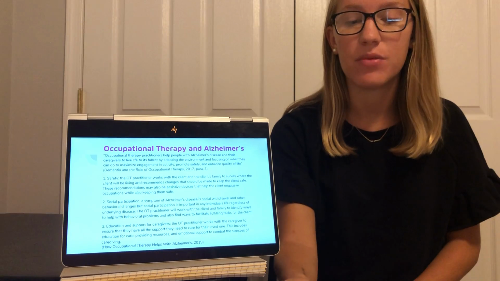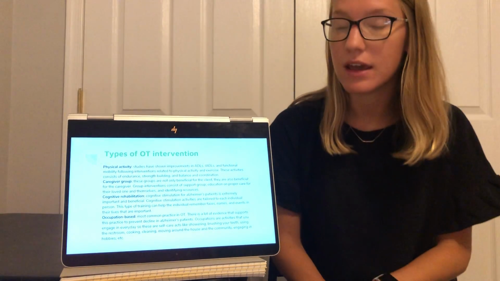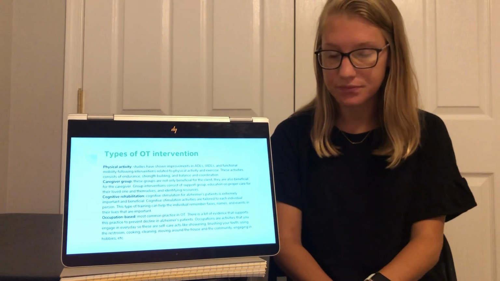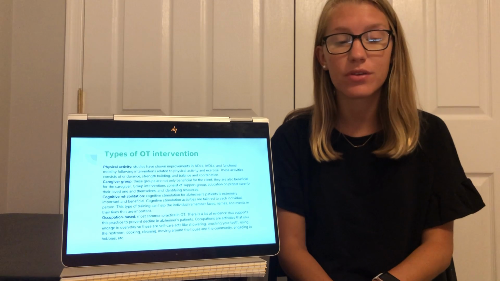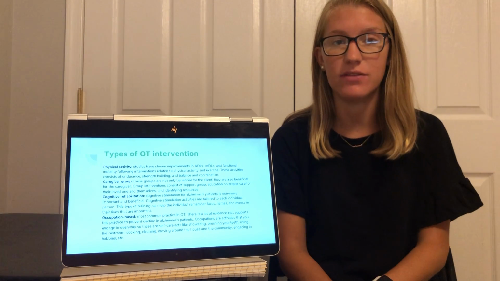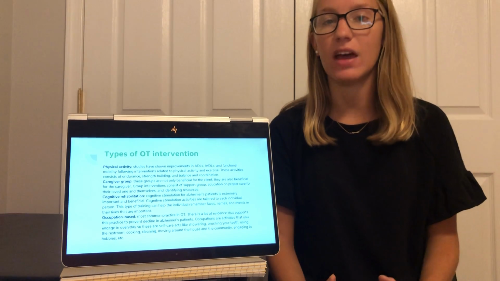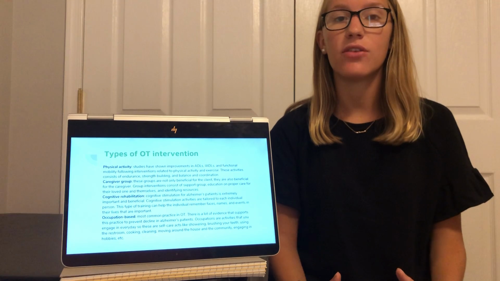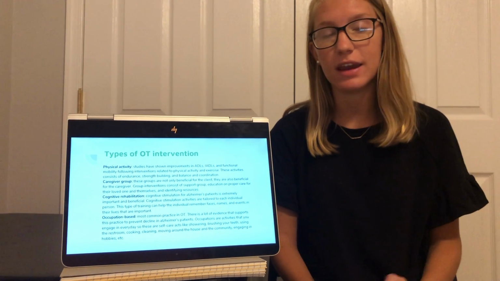So specific types of interventions you might see in occupational therapy are physical activities, caregiver groups, cognitive rehabilitation, and occupation-based activities. Physical interventions are essentially like exercise. We focus on building strength, balance, coordination, and endurance.